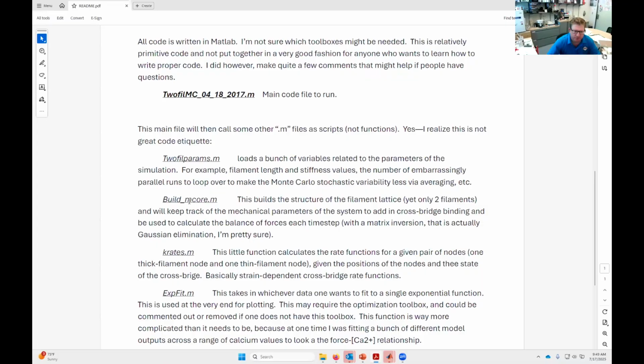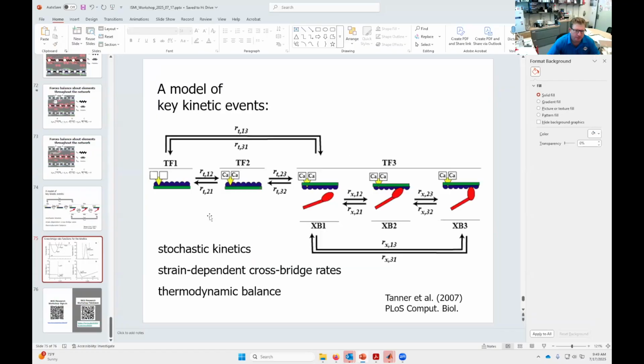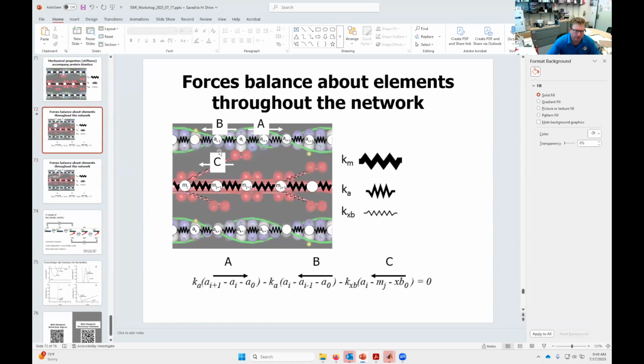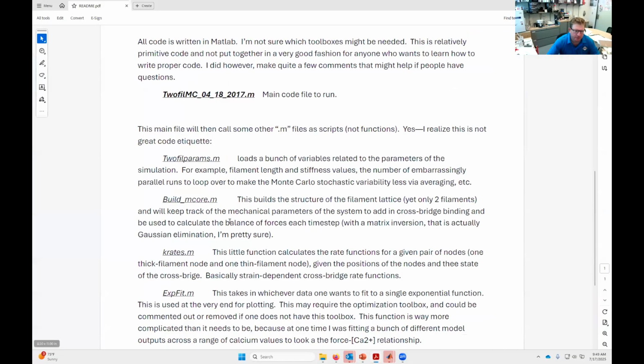There's this build M core model, and that has a lot to do with trying to line up all the positions of all the nodes and who interacts with which other node and how far apart node MJ would be from AI, if you're thinking about this node and this particular cross bridge that's shown by C. That is a pretty complicated thing to go through, but that's what keeps track of all the interactions.